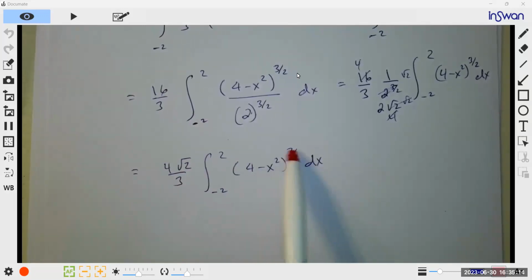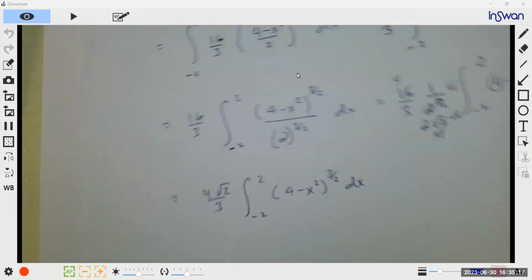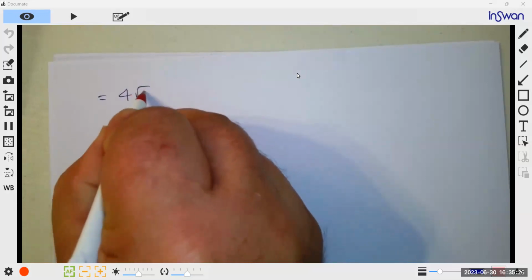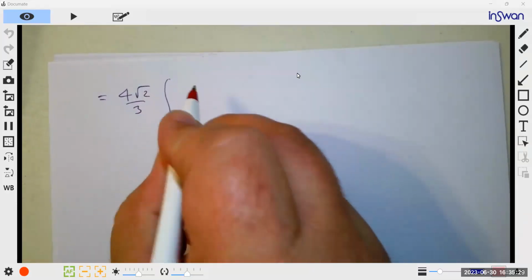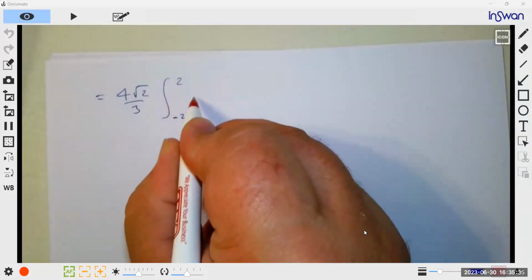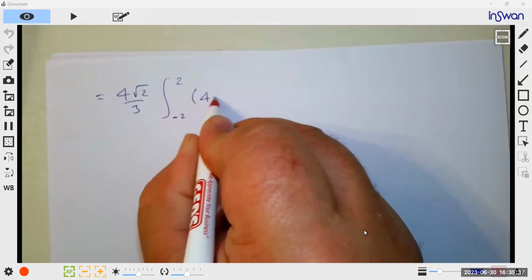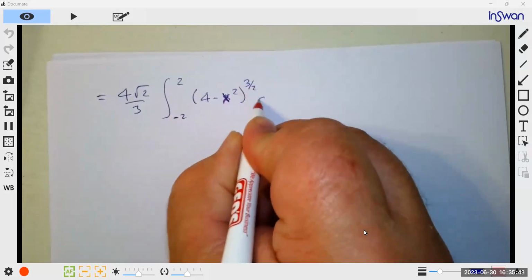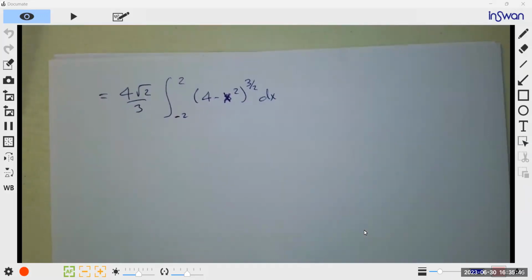Now we have to integrate this function. That's where it gets complicated. To integrate from negative 2 to 2, we have to use the identities. We're going to be using trig identities as well as an identity for integration.